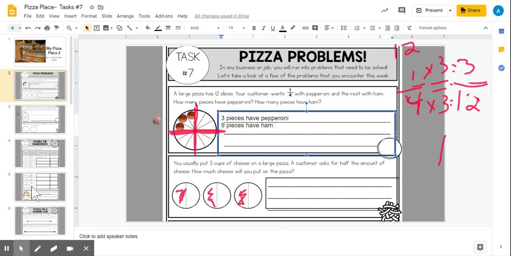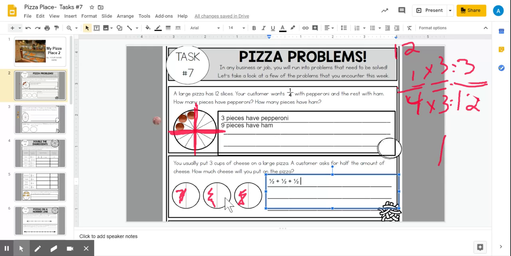So our new fractions, let me slide down a little bit. Okay. Our new fractions would be, and I'll type some over here, 1/2 plus 1/2 plus 1/2.